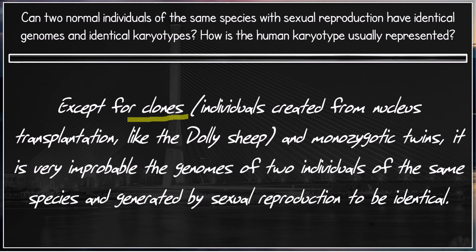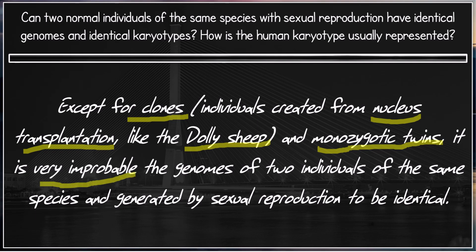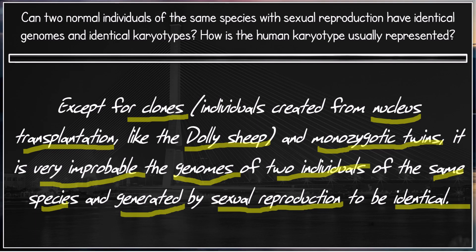Except for clones, individuals created from nucleus transplantation, like Dolly the sheep, and homozygotic twins, it is very improbable for the genome of two individuals of the same species and generated by sexual reproduction to be identical.